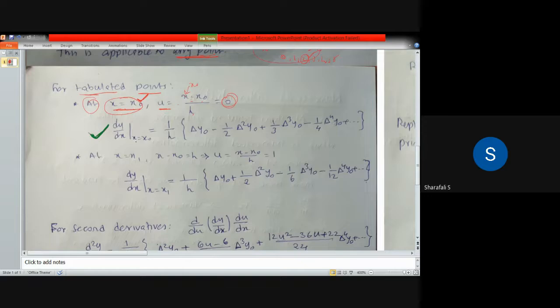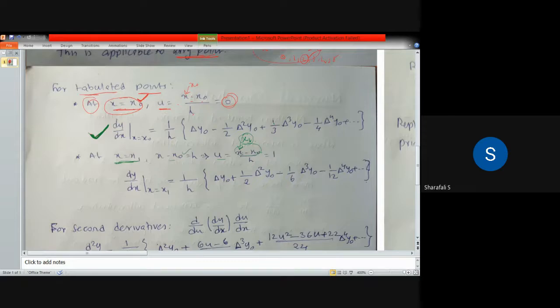Then your equation will be reduced into this form for x equal to x0, the first data point. Similarly, you can find it for x equal to x1. Then u will become x minus x0 by h. What is x minus x0? It will become h because you are considering x as x1. x1 minus x0 is the step size, that is the separation between each point in the given set of x values, the second x value minus the first x value.